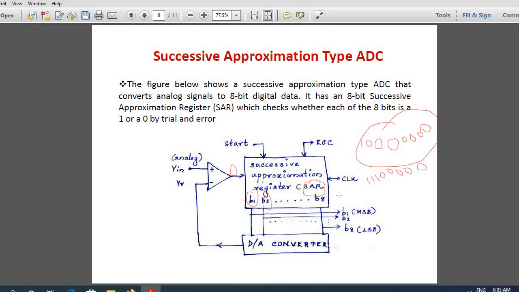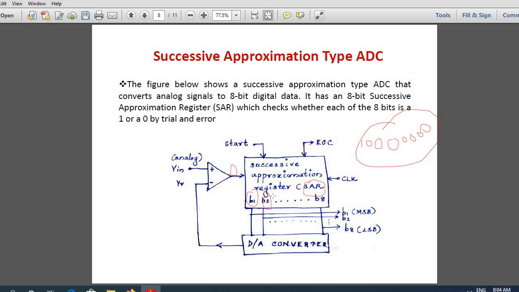So this is your code, and suppose that the equivalent voltage, when it got compared with the analog voltage, your converted reference voltage, is actually bigger. So what is the meaning of that? Your comparator output got 0. What is the meaning of that? When you set the third bit as 1, your voltage level is increasing beyond your analog voltage which is to be converted. So it should not be allowed.